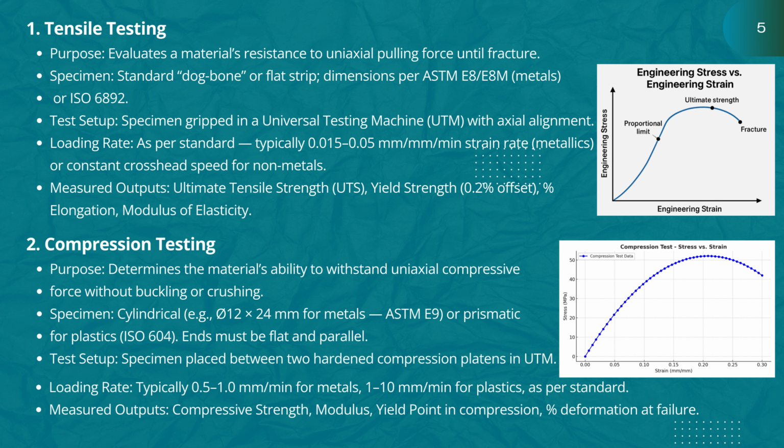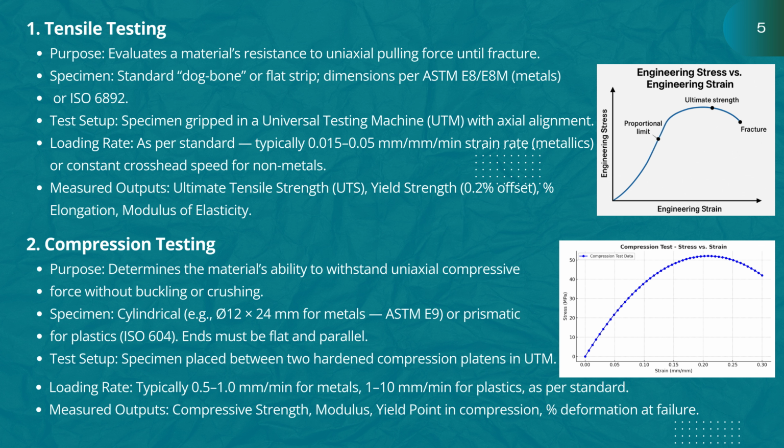As we go further, we reach the yield strength, where permanent deformation starts. The peak of the curve is the ultimate tensile strength, the maximum stress the material can handle. After that, the curve drops as the material necks and finally fractures. The key outputs from this test are ultimate tensile strength, yield strength, elongation percentage, and modulus of elasticity.